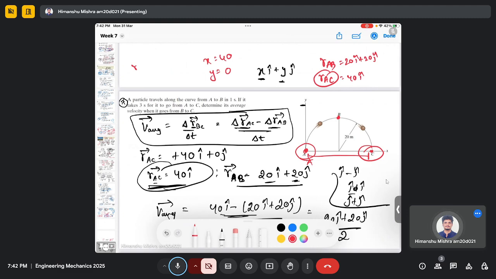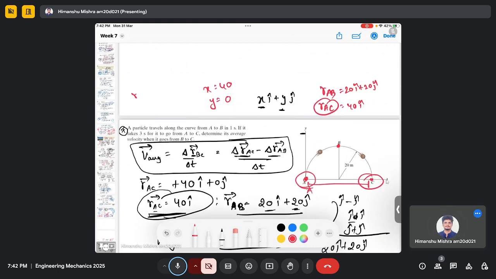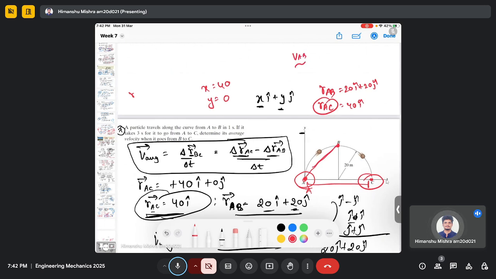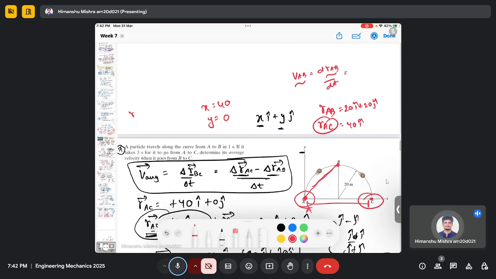If you calculate the velocity between A and B, it's a vector, so it will be RAB divided by time. So it will be d by dt of 20i plus 20j. And how do you solve it?